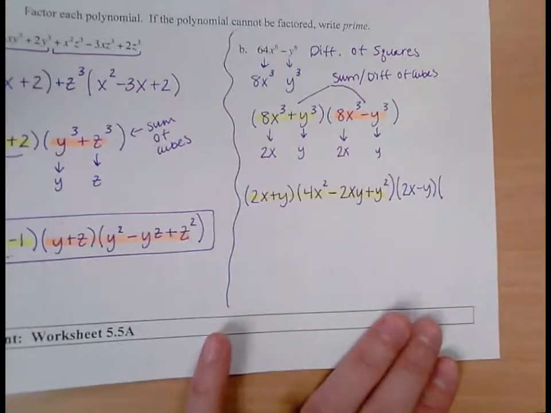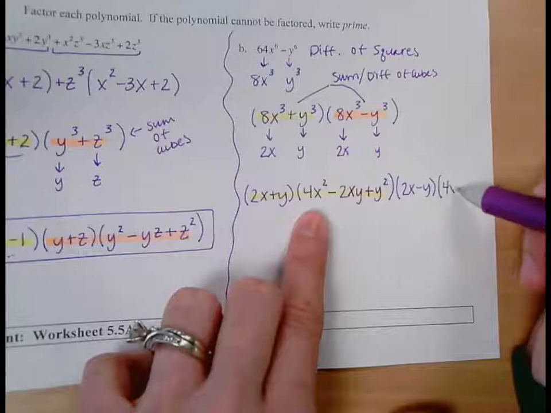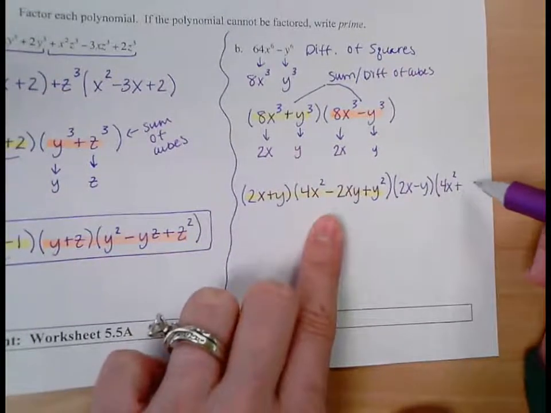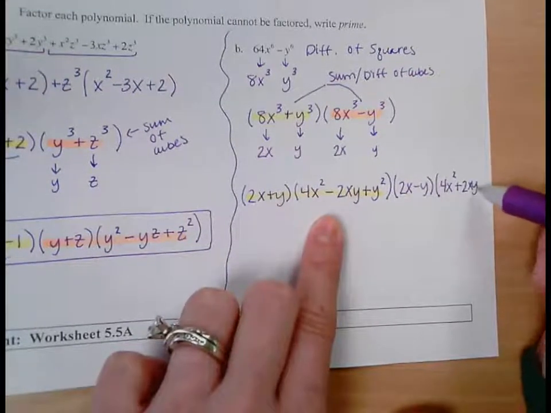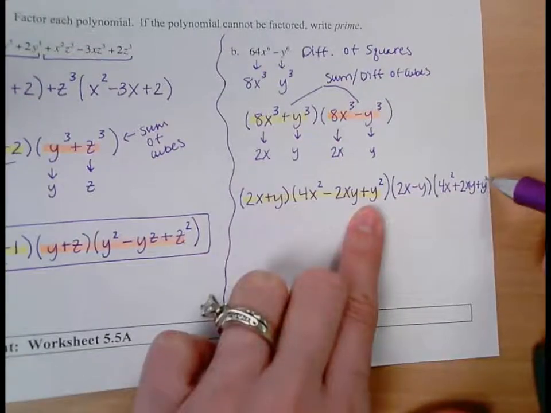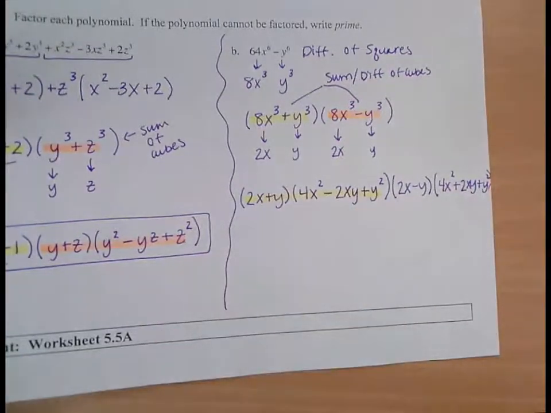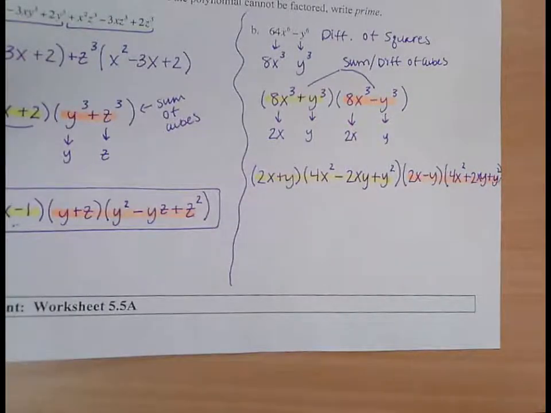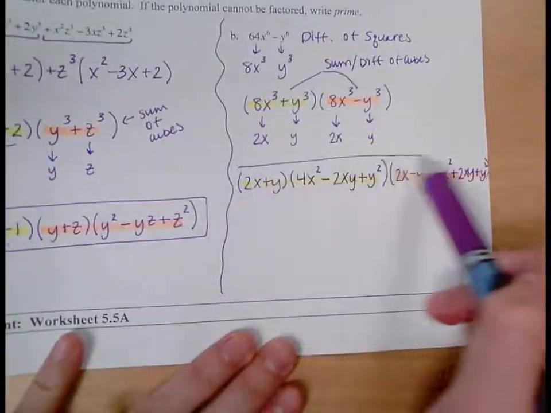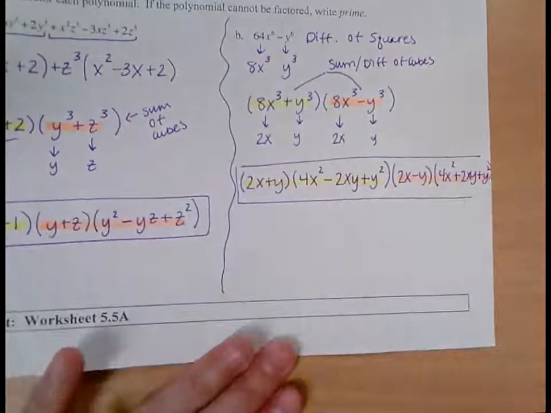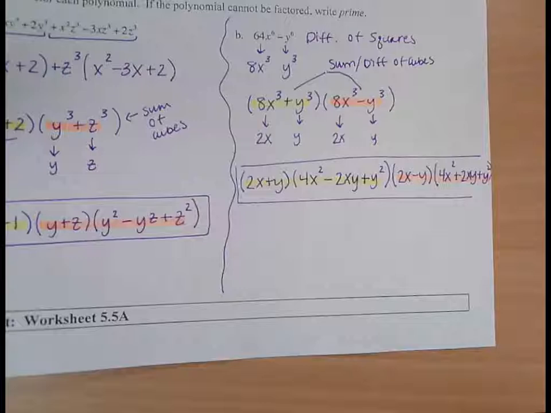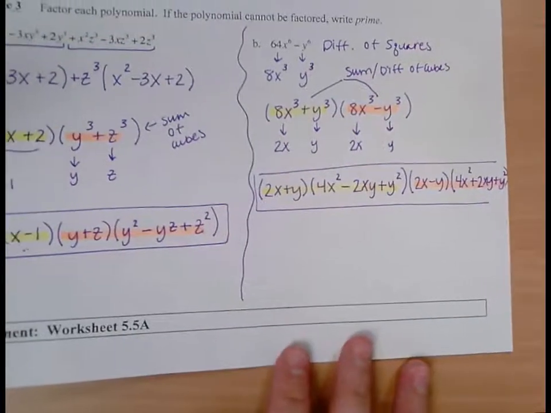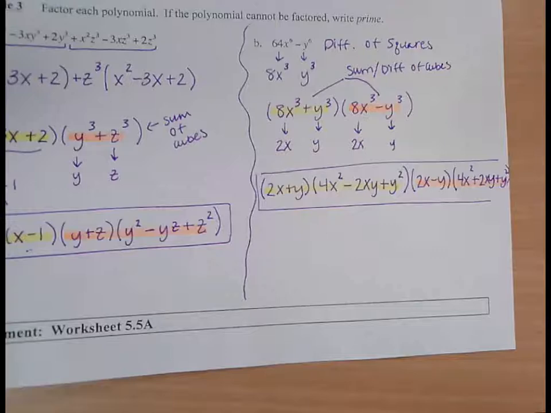And then it's a squared, and again that's going to be 4x squared, plus ab, so plus 2xy plus y squared. And that's the difference of cubes part. So yes, the factored form, depending on what you have, especially when you start having more than 2 factors in your answer, can be long. But trying out the different methods.